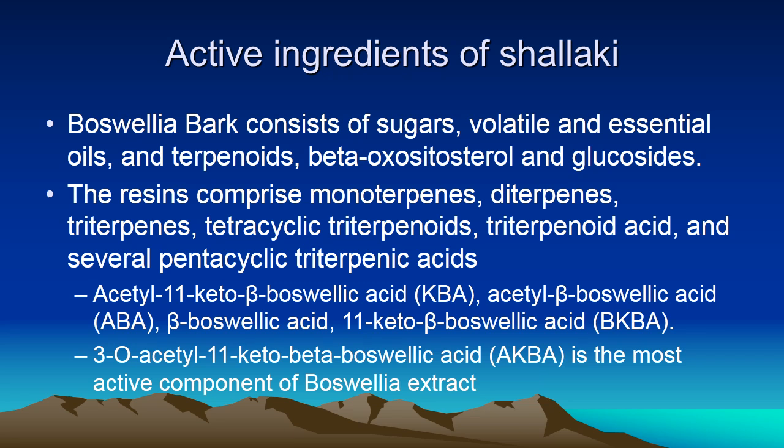Now the last one is important because of KBA, ABA, BKBA, and the most important is 3-acetyl 11-keto beta boswellic acid, acronymed as AKBA. This is the most potent and active component of the boswellic acids.